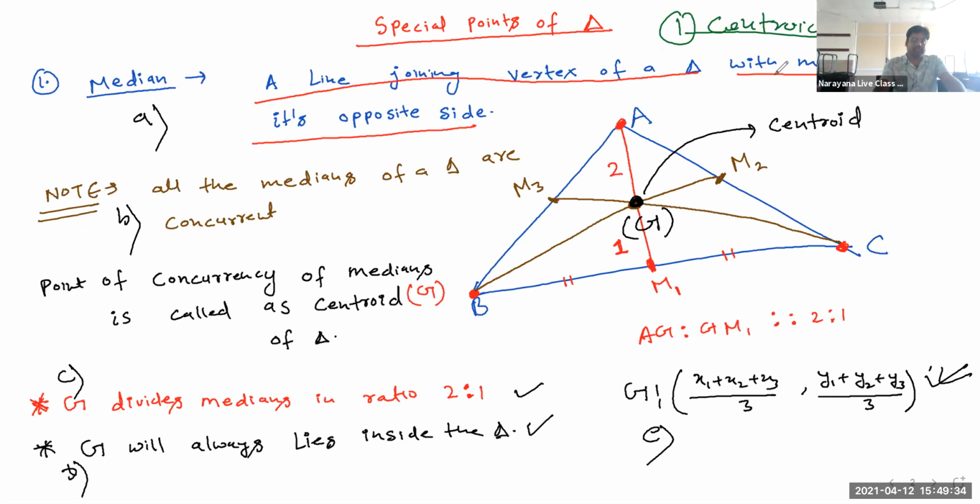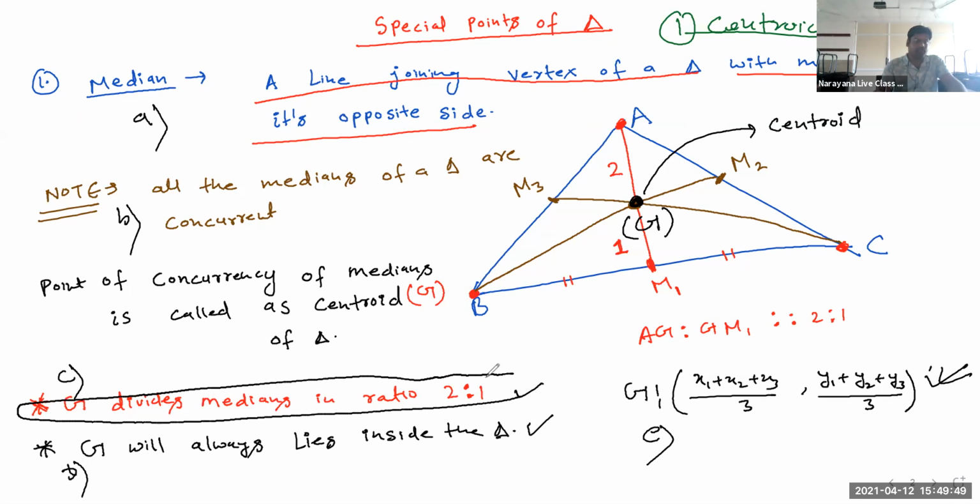The first one was centroid. Centroid is the point of concurrency of medians. And one of the most important points of this topic is that G divides the median in the ratio 2:1. This is a very important point. And the coordinate of G is this.